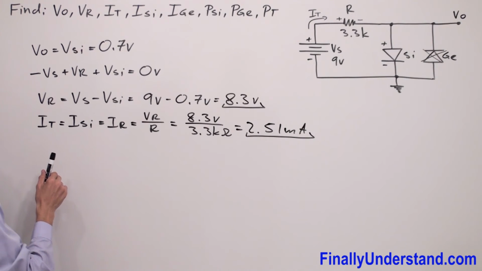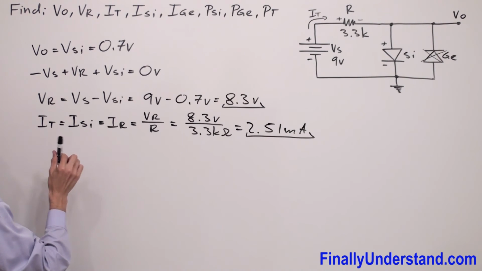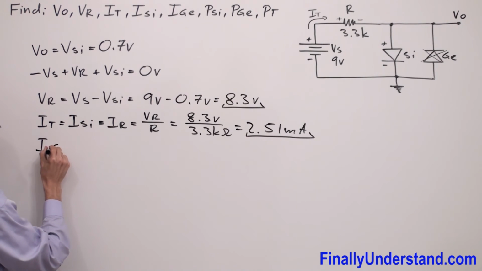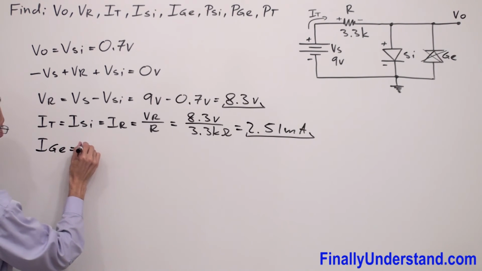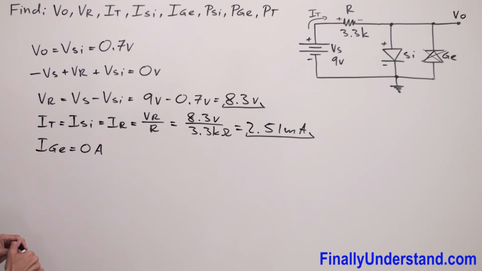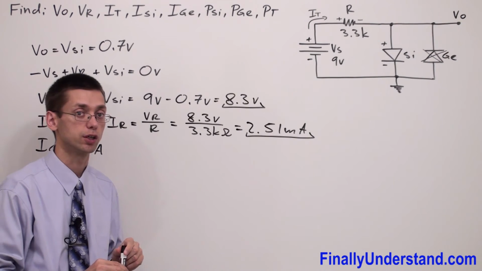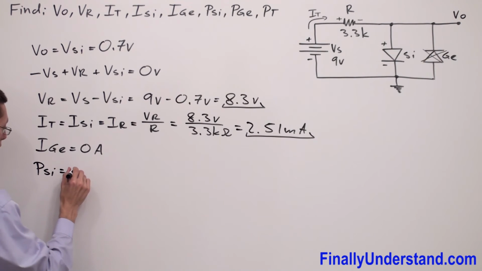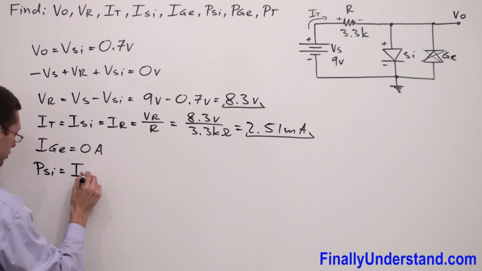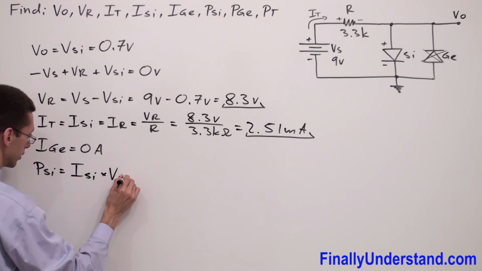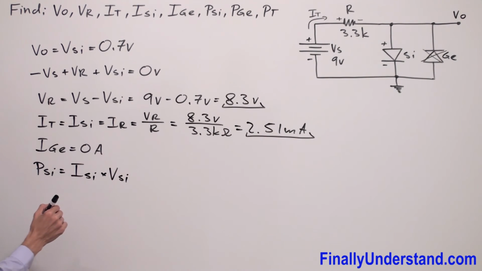Next, if you want to find the current which goes through the germanium diode, we said the current is not seeing that, so I GE is equal to 0 amps. Next, we're supposed to find the maximum forward power dissipation at the silicon diode. So I have P silicon is equal to the current which goes through the silicon diode times the voltage of the silicon diode, the transition voltage.